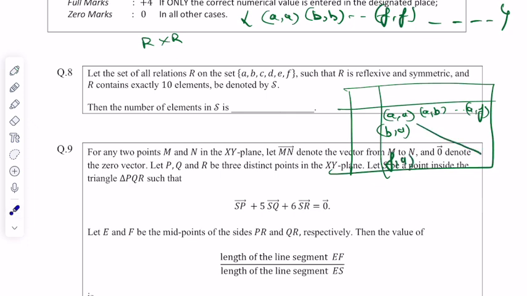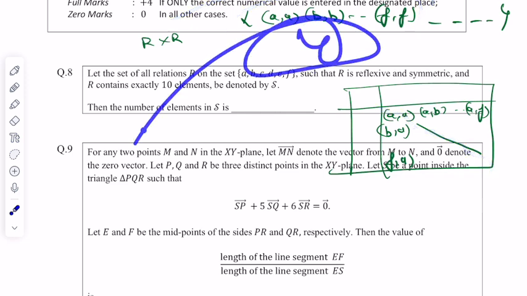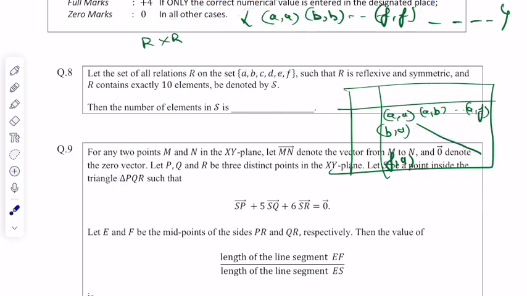Now for it to be symmetric, it is similar to the questions we have done earlier about finding the number of symmetric relations. Let's remove the diagonal elements because they have taken the 6 spaces. I have 4 places left. That means I can just pick any 2 over here. By default, this counterpart will be picked up. So these are left out.